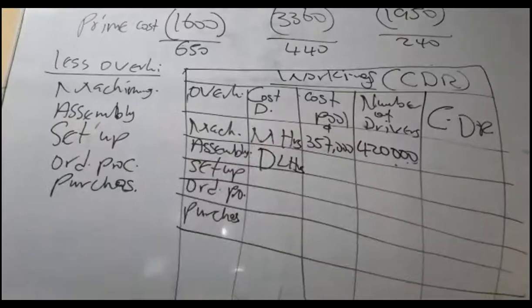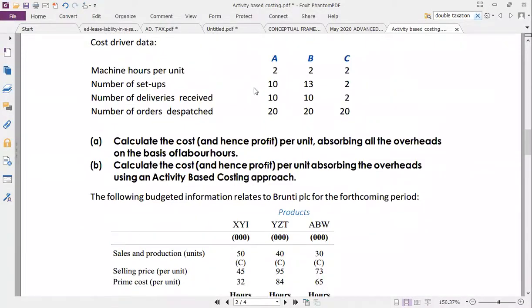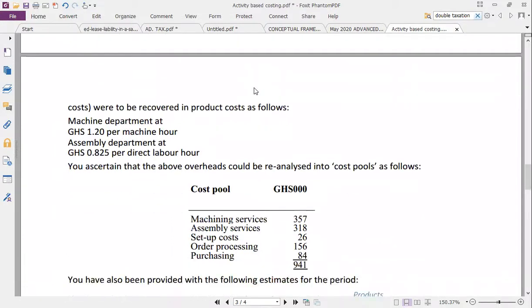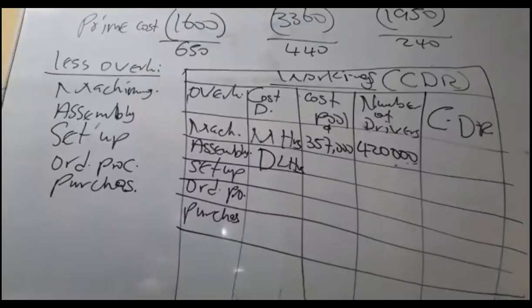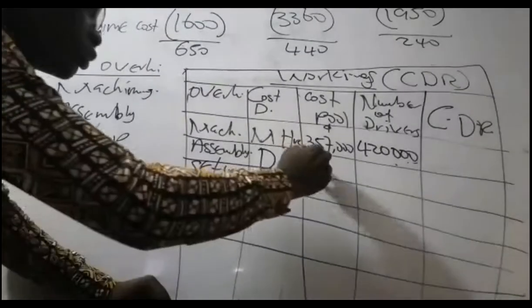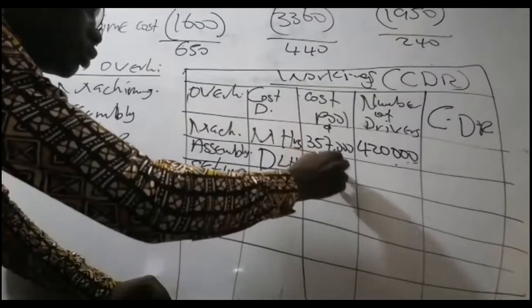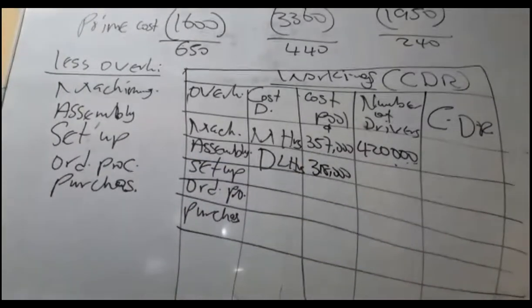Let's find the cost pool and then the number of drivers. So the cost pool will be 318,000.